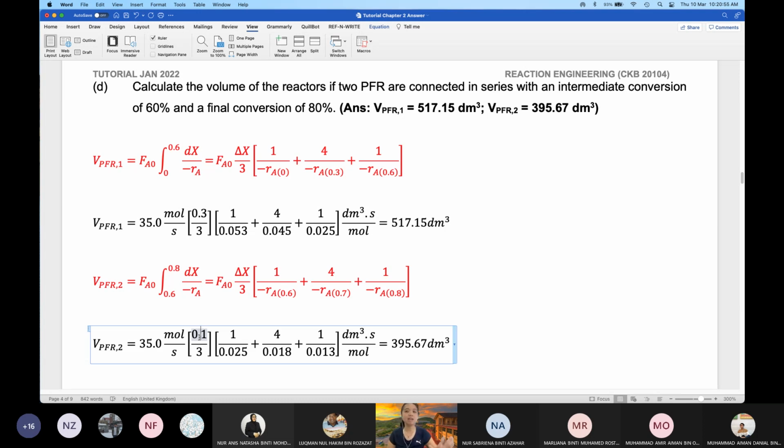So having substituted delta X, 0.1 divided by 3, FA naught we already know. Then go to the three points, and be very careful here, because now your initial X is X1, 0.6. So it becomes 1 per minus RA at X 0.6, plus 4 per minus RA at X 0.7, the middle X, plus 1 per minus RA at the final X 0.8.